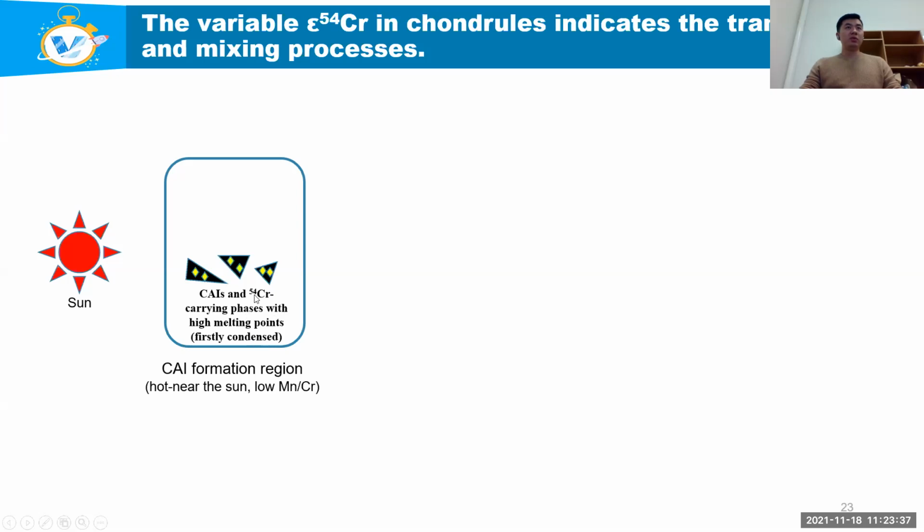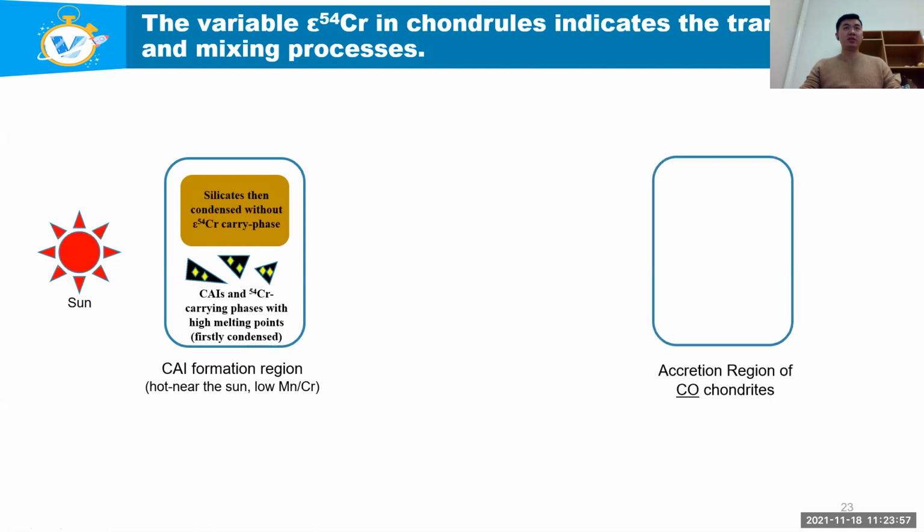The epsilon 54 chromium carrying phases have very high melting points, so they condensed first. And there should also be a compensating material, and the silicates condense later and without the epsilon 54 chromium carrier phase.